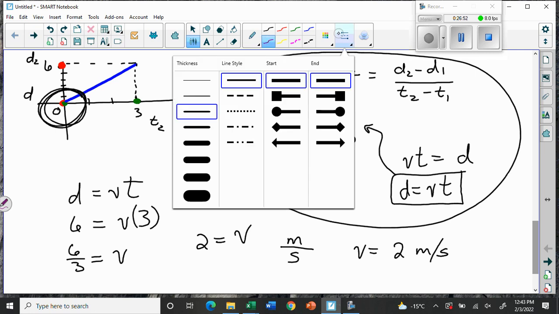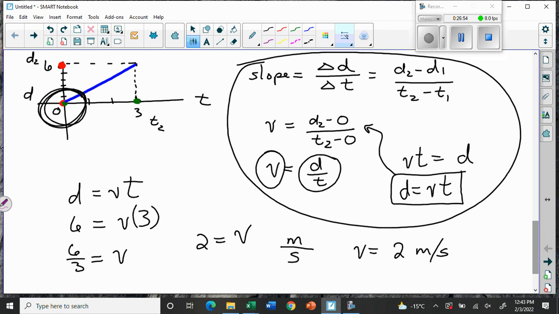And if we look at the picture, and I get yet another color on top of this, if you follow this purple line that I'm drawing, you can see that at 1 second, we've traveled 2 on the distance or displacement axis. And then if we go another second up here, we've traveled 2 more.